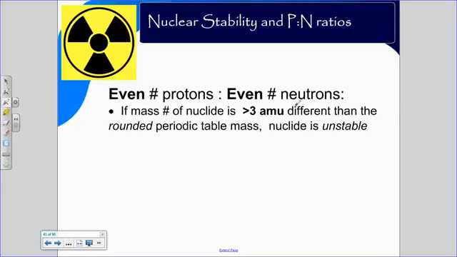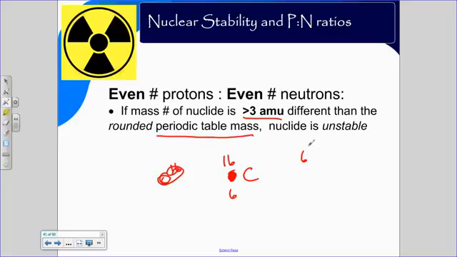Now, even number of protons, even number of neutrons. So if the mass number of the nuclide is greater than 3 AMU different from the periodic table average mass, the nuclide is unstable. So let's give an example here. Let's take carbon-16. Terrible, terrible shorthand notation.